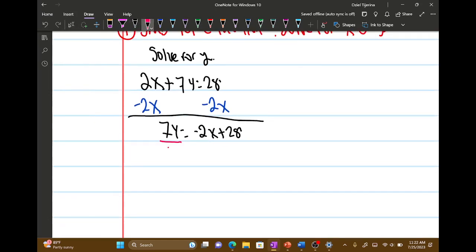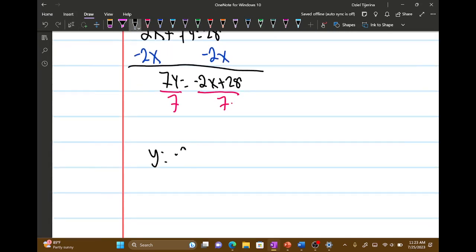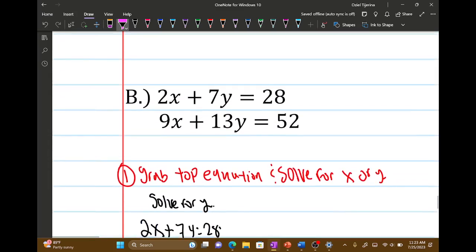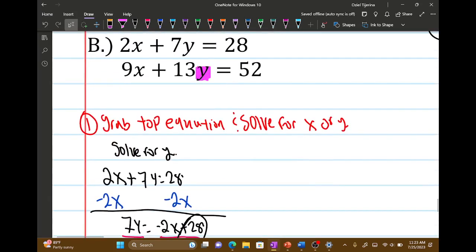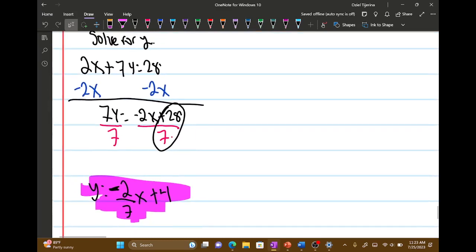Then we divide both sides by 7, so y equals negative 2/7 x, and 28 over 7 is plus 4. This is the equation we're going to plug in for y in the second linear equation. So y is negative 2/7 x plus 4.